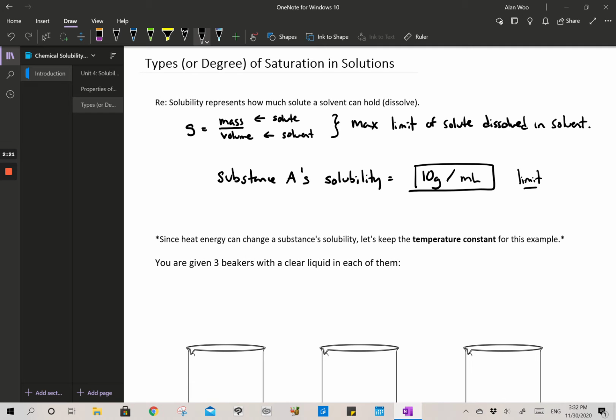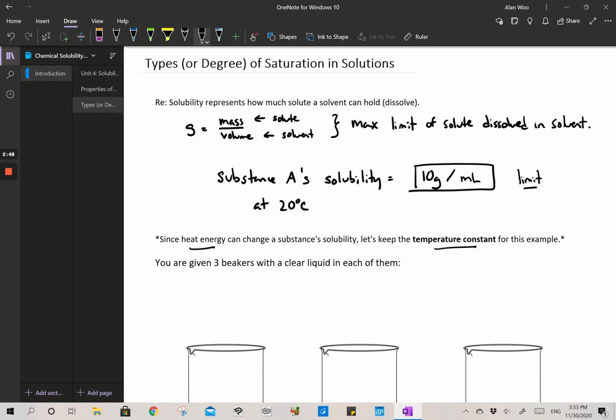So this is some fictional substance A with a solubility. The solubility of a substance can change if there's heat energy available, so for this example, we have to keep the temperature constant. Let's say this is the solubility at 20 degrees Celsius, which is room temperature.